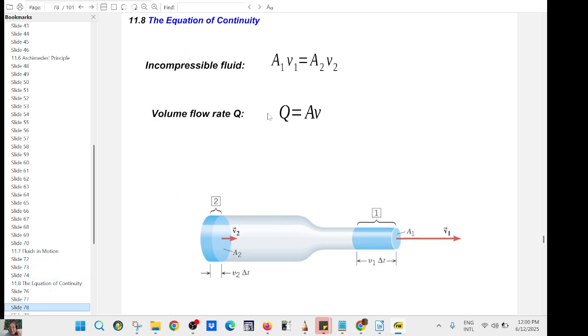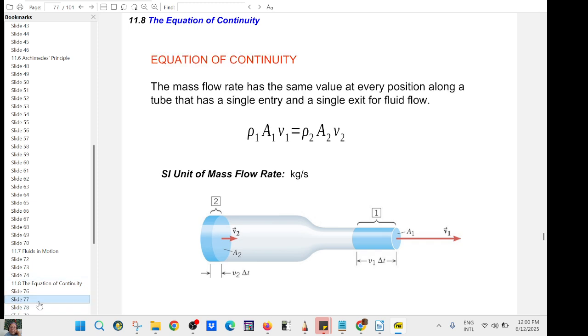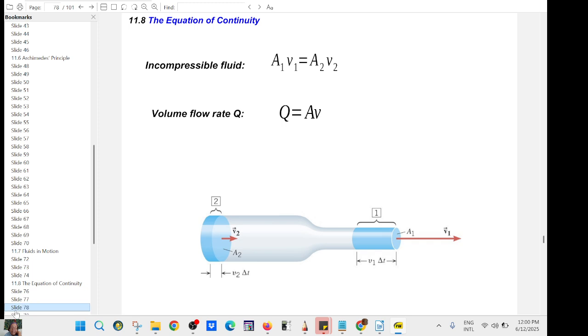And if the density is the same, you have the same volume flow rate, right? If the density is not the same, it will be the mass that will be the same flowing per second. So anyway, if you increase the area, the speed will decrease. If you decrease the area, the speed will increase. Okay, so you have this relationship here.